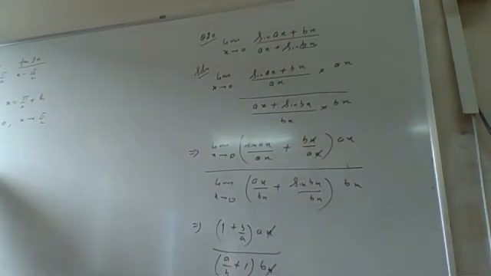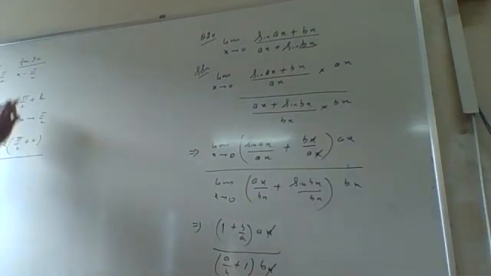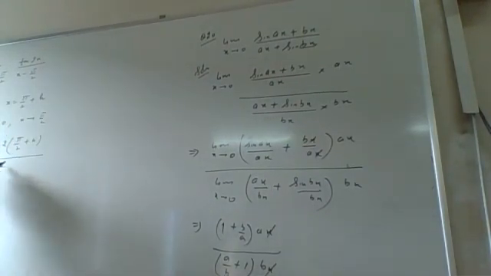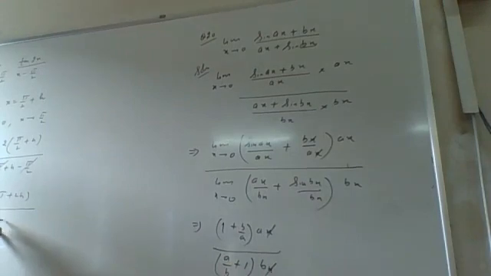So limit x tends to pi by 2, the value of x is pi by 2 plus h upon, the value of x is pi by 2 plus h minus pi by 2. So pi by 2 goes with this. So this is limit h tends to 0, 2 multiplied by pi by 2, 2 goes with 2, pi plus 2h upon h.